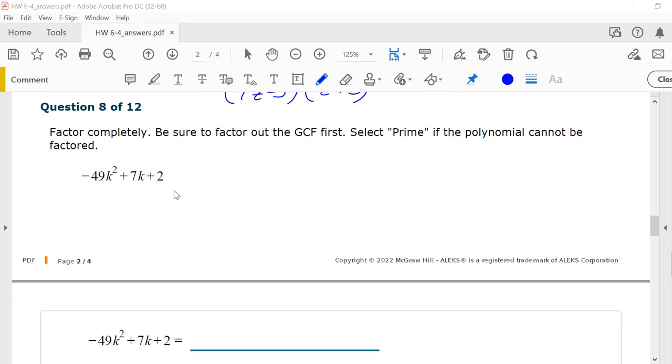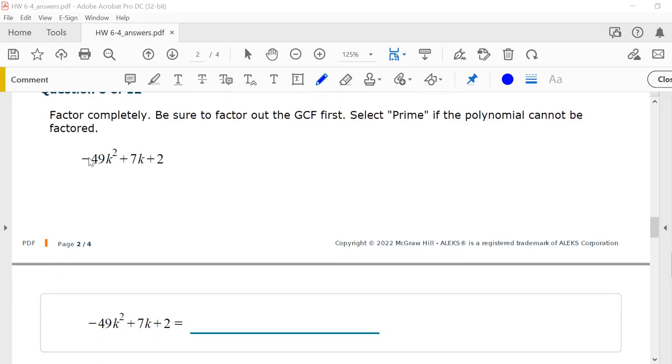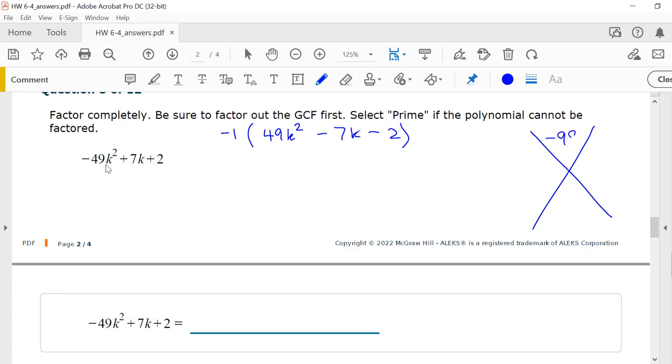Number 8. I don't like the negative in front of the k squared. So I'm going to factor a negative 1 out. I'm left with 49k squared minus 7k minus 2. So in my x, 49 times negative 2 is negative 98. And down below I have negative 7.